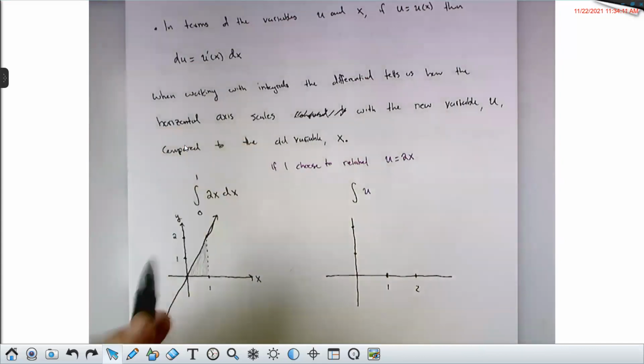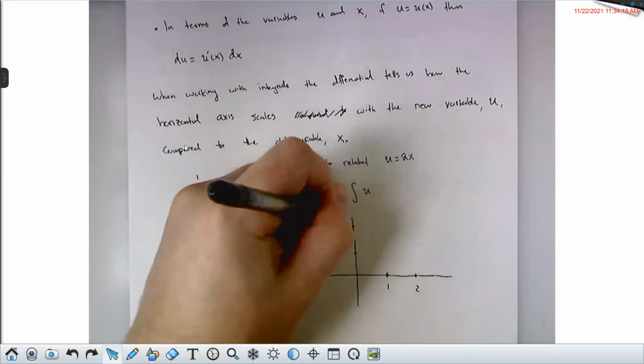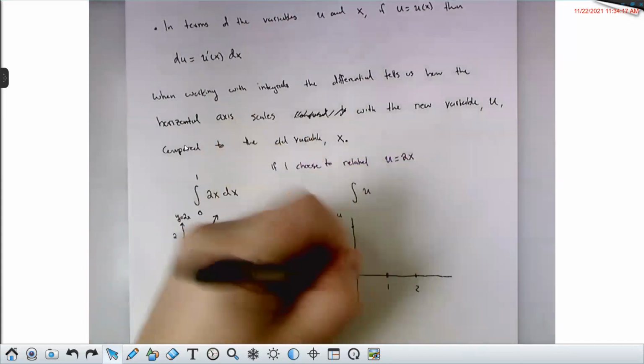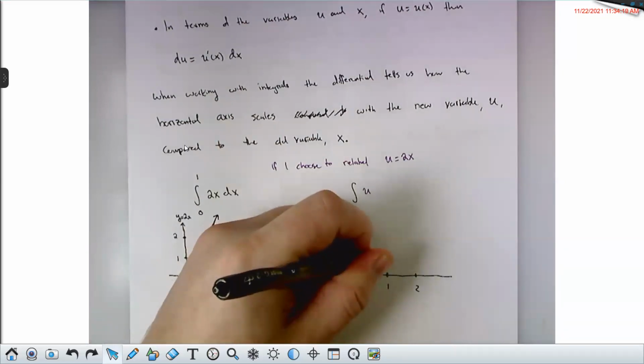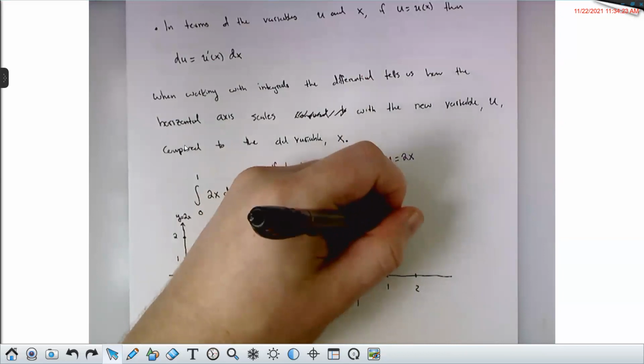Instead of drawing y equals 2x, now I'll just draw y equals u. That's a line with slope 1 through the origin rather than a line with slope 2.